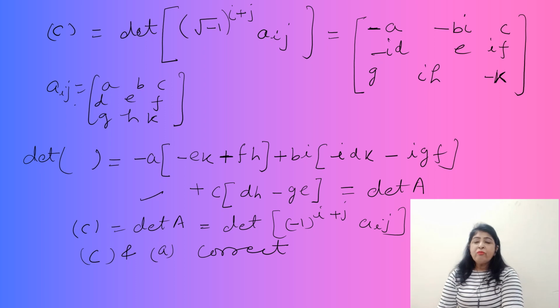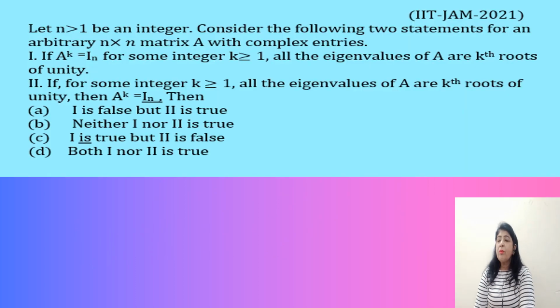Next you have, let n greater than 1 be an integer. Consider the following two statements for an arbitrary n by n matrix A with complex entries. If A raised to power k is equal to I_n for some integer k greater than or equal to 0, then all eigenvalues of A are kth roots of unity.